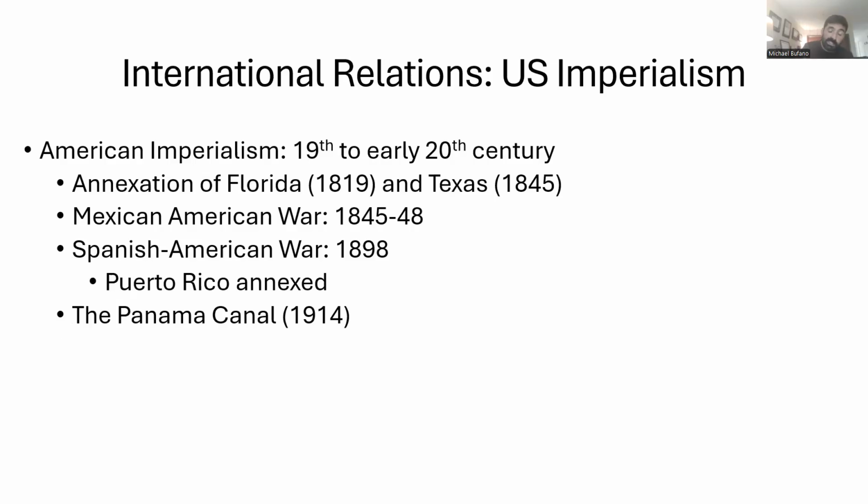And so thus in 1914, a canal was completed in a country called Panama. In fact, in order to complete that canal, the United States had to encourage a rebellion in the Panamanian region of Colombia. So Panama became an independent country because of American imperial influence.